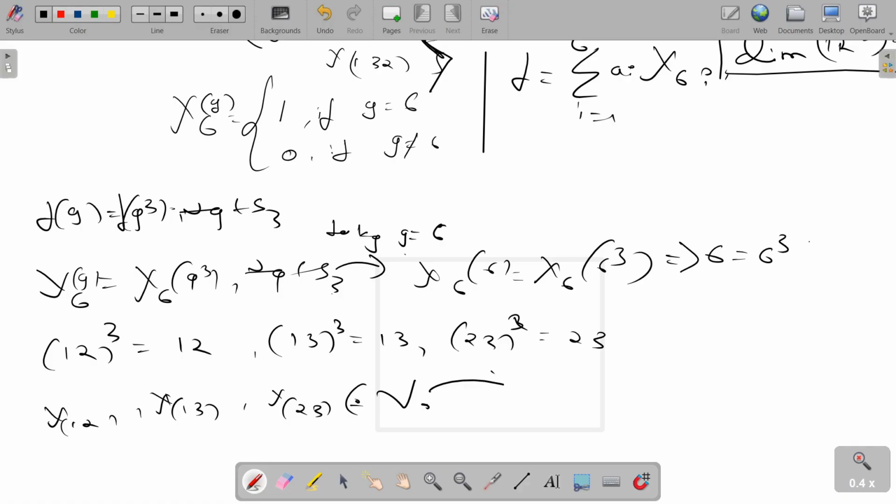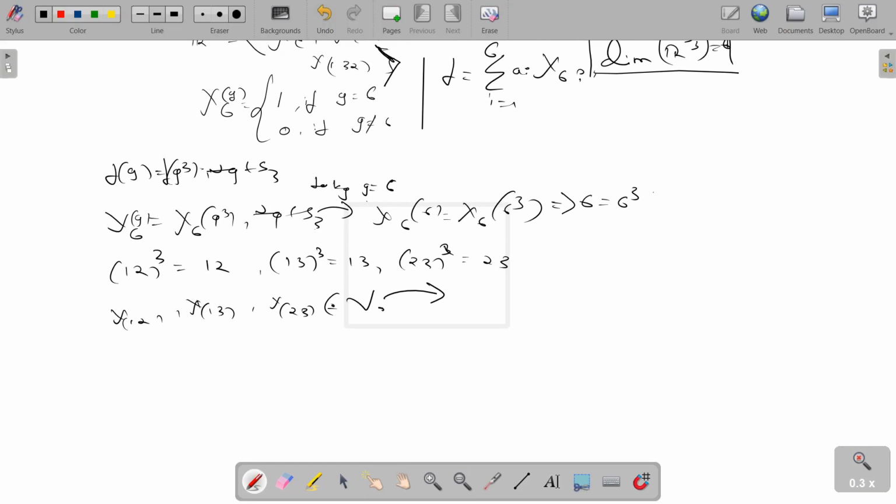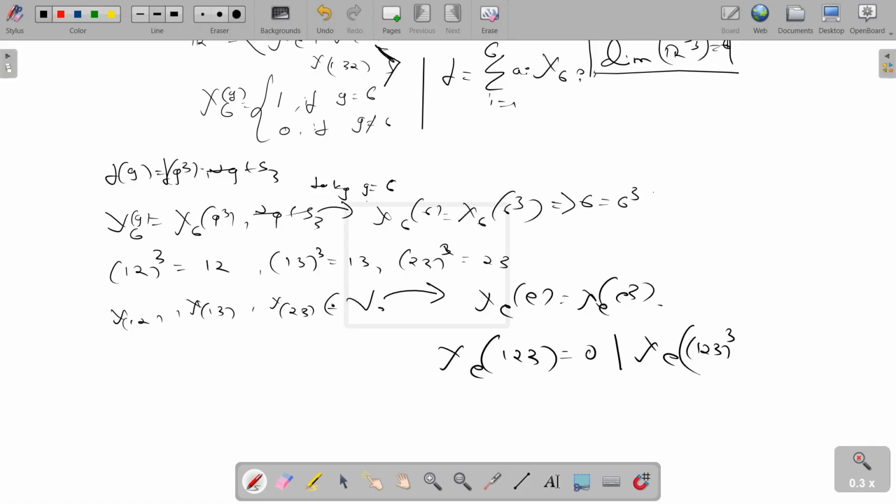It is true that chi of e is nothing but chi of e cubed, but chi of the 3-cycle 1 2 3 is 0, and chi of 1 2 3 cubed, since its order is 3, is the identity, which is 1.